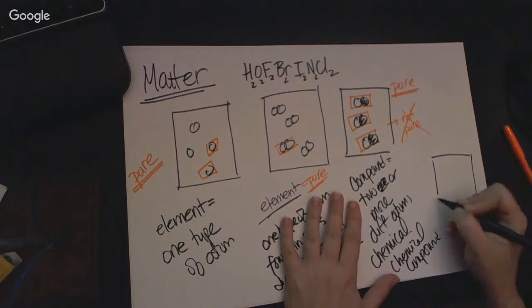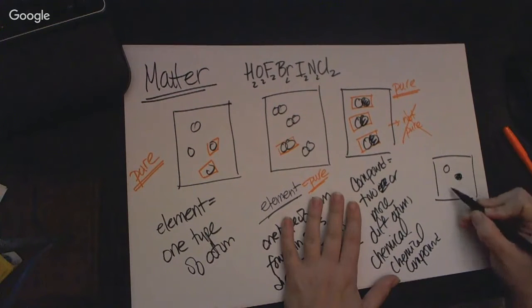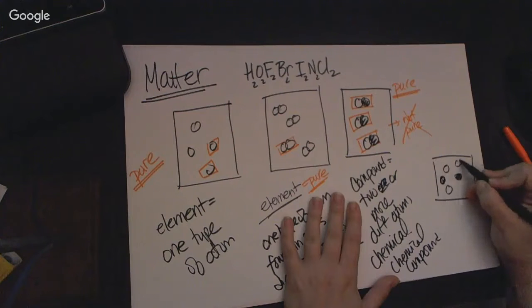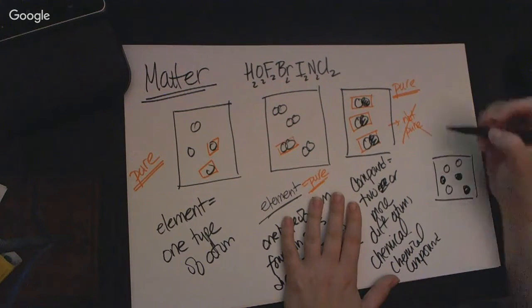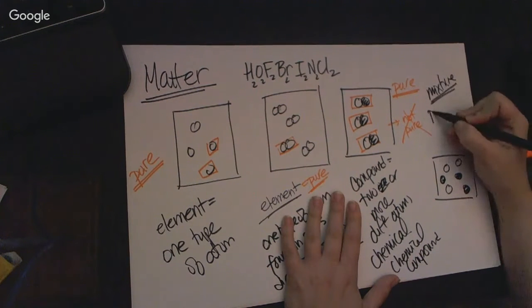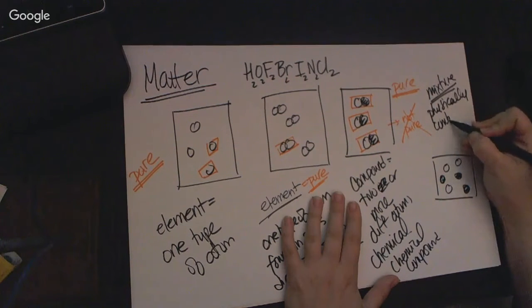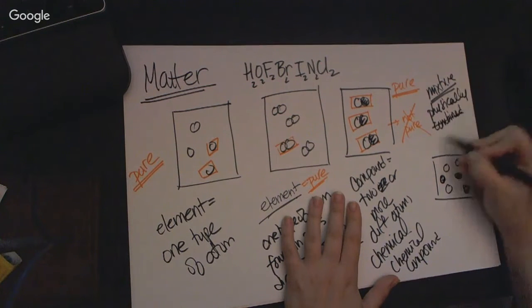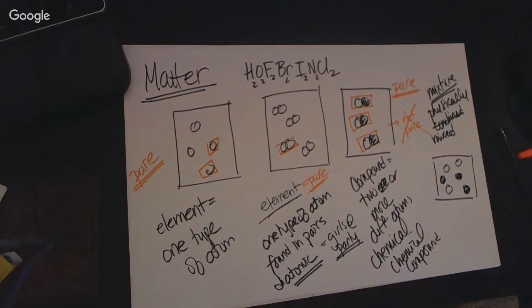Now, if you were to have something that looked like this, this is what we would call a mixture. And the deal with a mixture is that a mixture is going to be physically mixed together, which means you can physically separate the different particles.